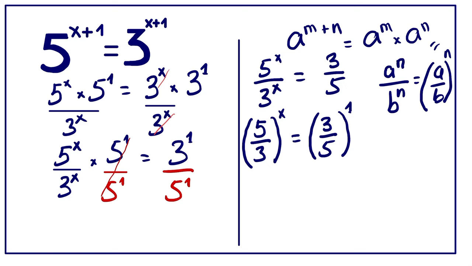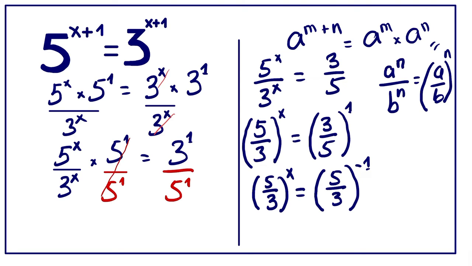If we write this, we are going to have (5 over 3) to the power x should be equal to, instead of 5 over 3, we invert and we change the power to minus 1. Changing the power to minus 1, we have not changed anything. As we said with the law, this will be the same.